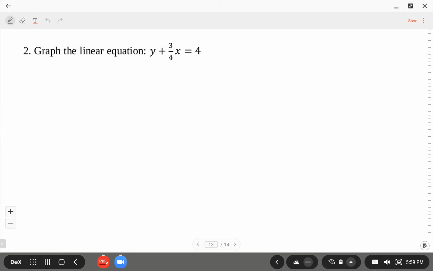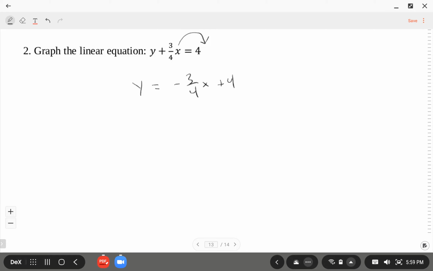Okay, we don't have much time left in this class, so let me just walk you through it. So remember, we have to move the x to this side. Remember, we did this in our previous algebraic equation classes. Okay, so y equals -3 over 4x, then plus 4, right?